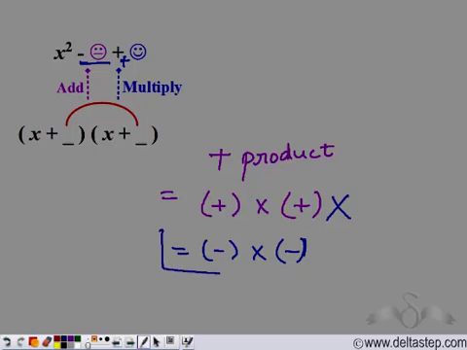So this is the only possibility which we need to consider. So when you have expressions of this type, where the last term is positive, but the coefficient of the middle term is negative, then we consider the factors such that both the factors are negative, because both negative factors will give this term as positive and this term as negative.